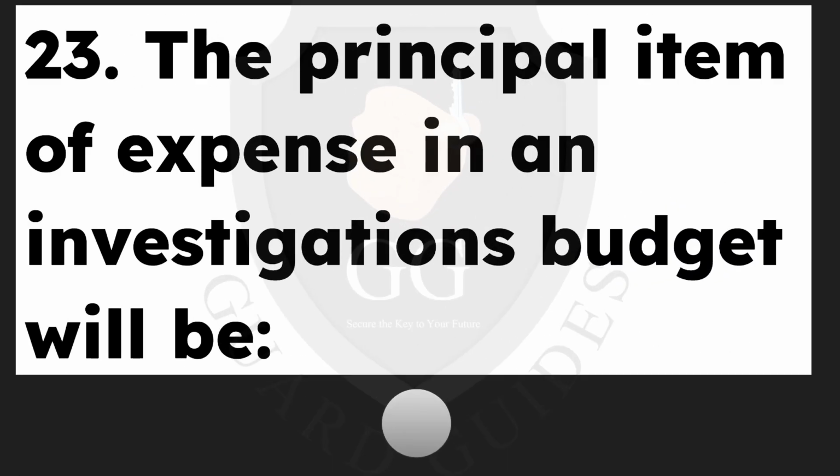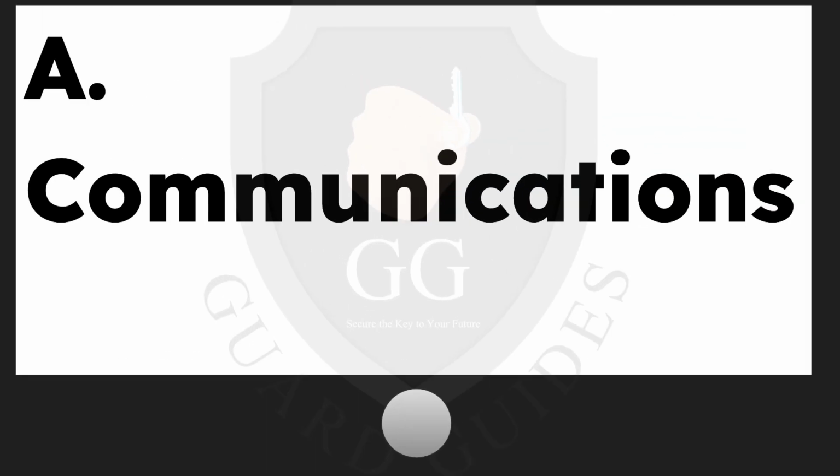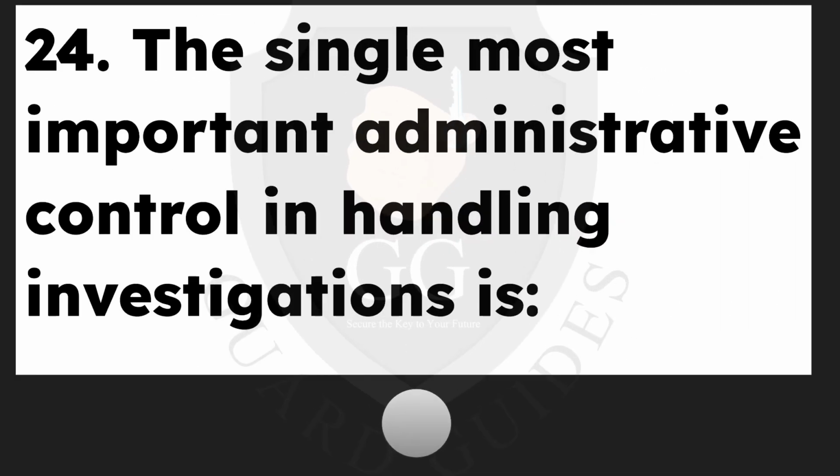23. The principal item of expense in an investigation's budget will be A, communications, B, equipment, C, maintenance, D, personnel costs, or E, training. The answer is A, communications. 24.